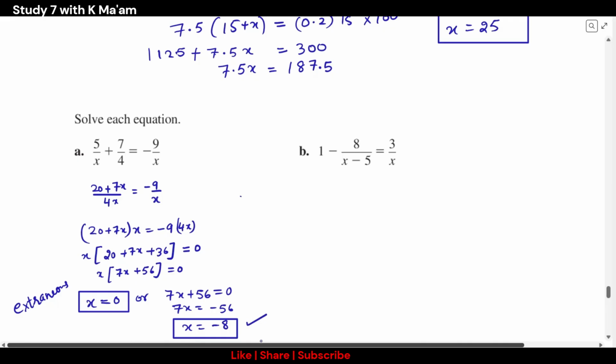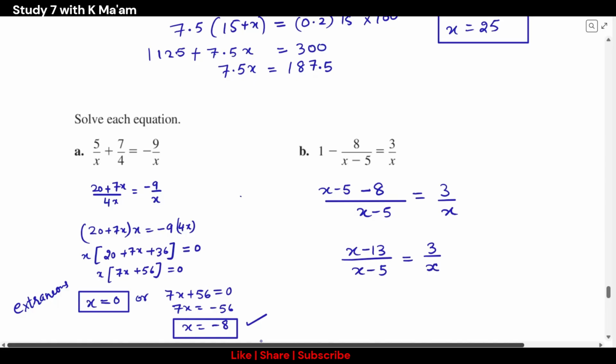Okay. For the B part, we can take the common denominator, x minus 5. So 1 will multiply with x minus 5, minus 8, equals 3 over x. If we simplify, x minus 13 over x minus 5 equals 3 over x.